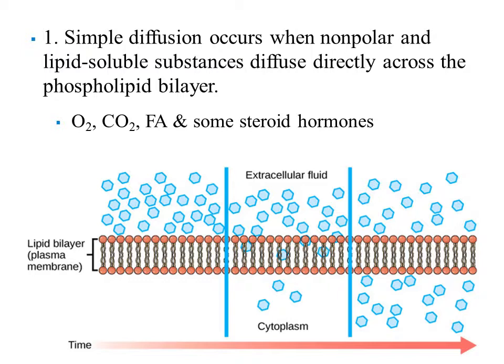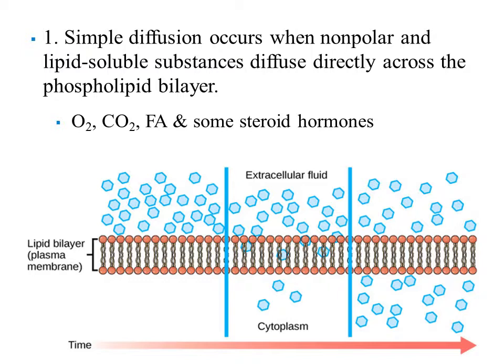Simple diffusion occurs when nonpolar and lipid-soluble substances diffuse directly across the phospholipid bilayer. Remember, the phospholipid bilayer is lipid-based. If we remember the amphipathic design of the phospholipid, the head is attracted to water and the tail is not.